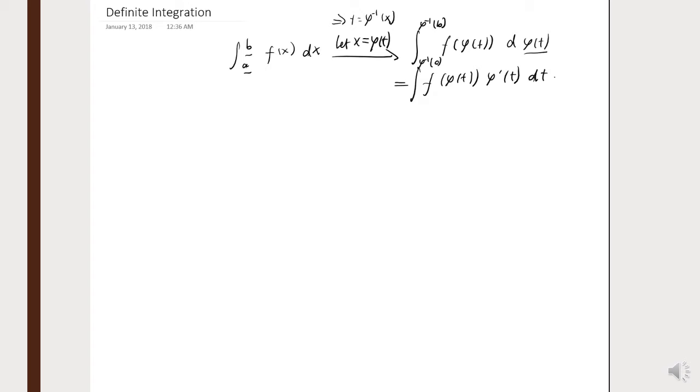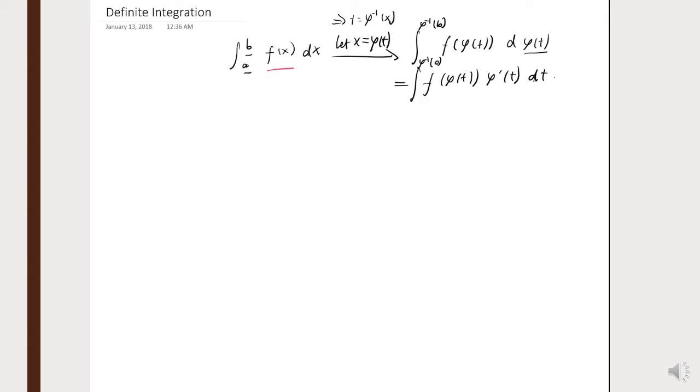Alright, let's do a little review here. We have three things to change. Number one, we have to change the integrand from f(x) to f(t). Let's use another color maybe.